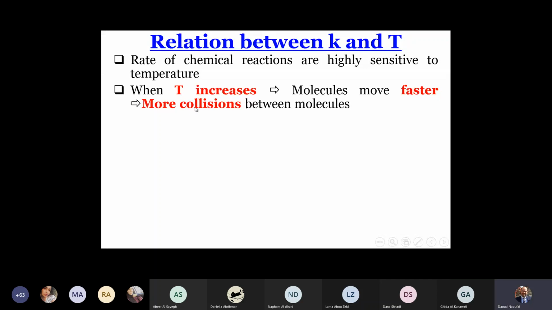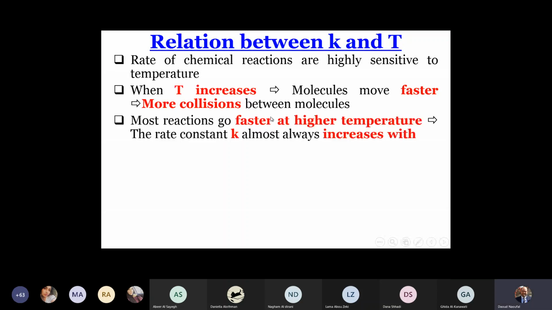So we will have more collisions between molecules, and in this case, the rate of the reaction increases. So most reactions go faster at higher temperature. It implies the rate constant almost always increases with the temperature.